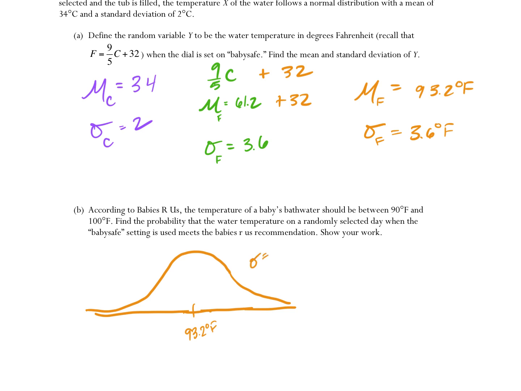Standard deviation would be 30.6 degrees Fahrenheit. Where'd you get 93.2? That's my new mean. Oh. And 90 to 100.